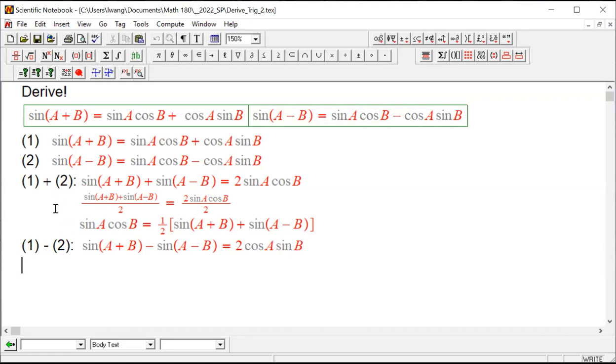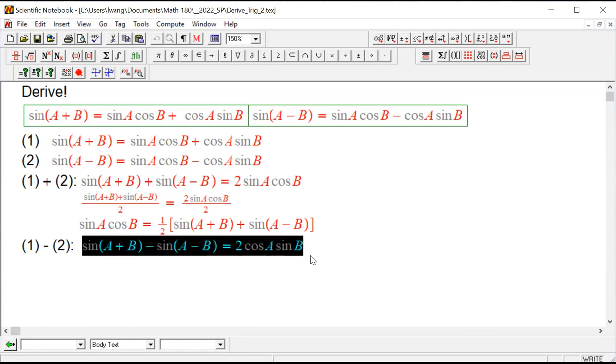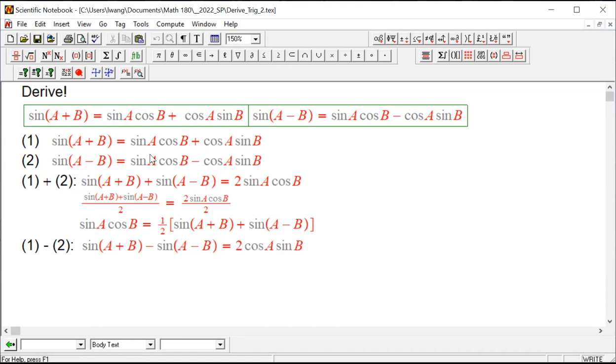Okay. So once again, if we divide both sides by 2, we multiply both sides by half. We take the whole thing and multiply both sides by half, and the 2 and 1/2 reduce.